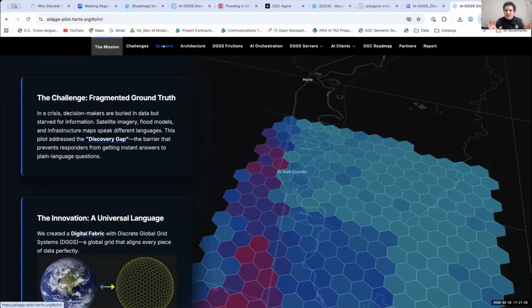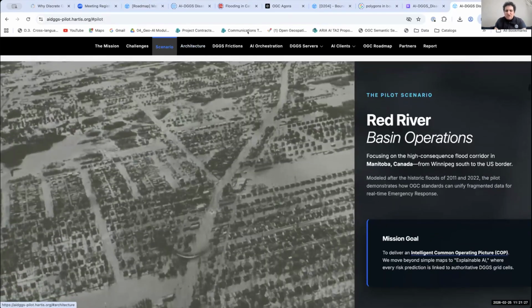What is the discovery gap? Imagine a flood scenario. Picture a flood bearing down on a major city like Winnipeg. You've got satellite imagery of water, sure, but it's in one system. You have detailed maps of the infrastructure and power grids, completely in a different system. You have population data, of course, in a third system of its own.